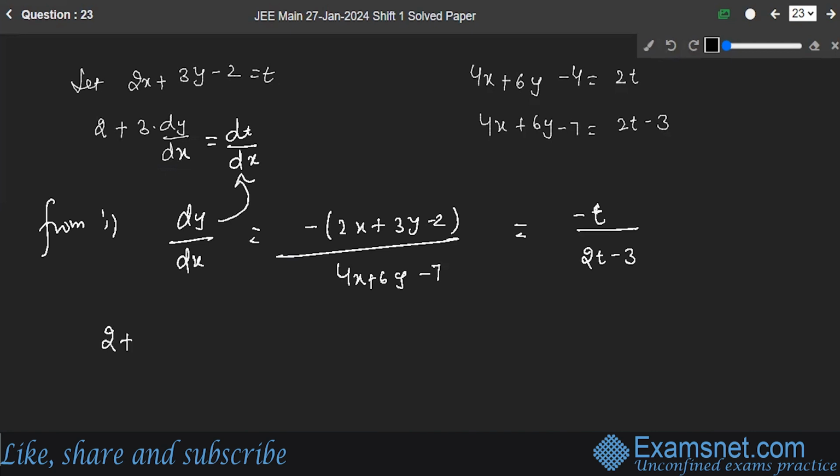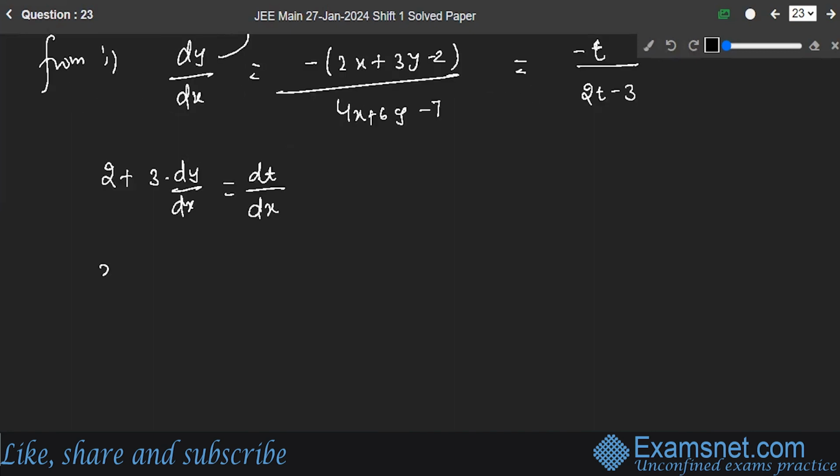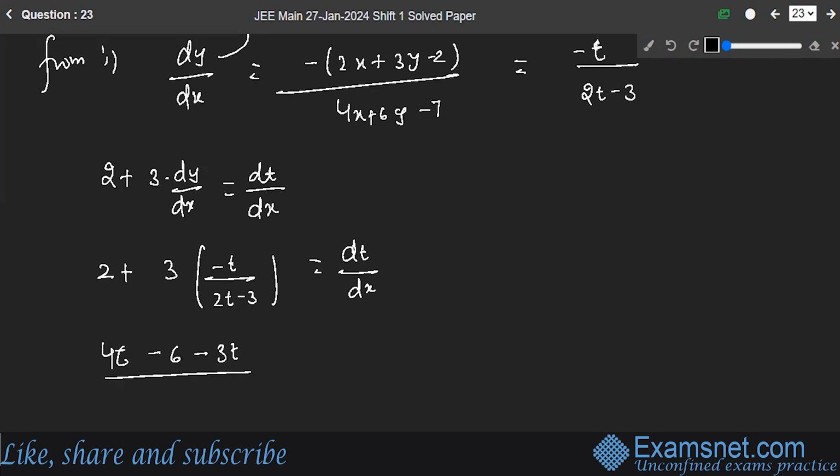You have 2 + 3 into dy/dx is equal to dt/dx, or you have 2 + 3 into (-t)/(2t - 3) is equal to dt/dx, or you have (4t - 6 - 3t)/(2t - 3) is equal to dt/dx, which will give you dt/dx is equal to (t - 6)/(2t - 3).